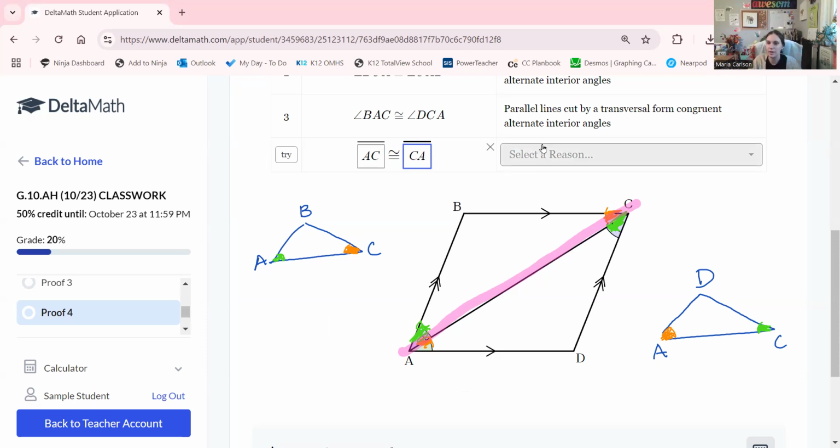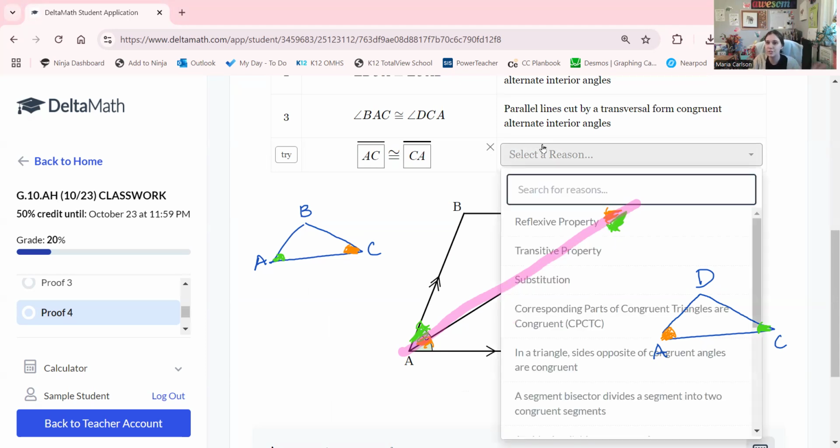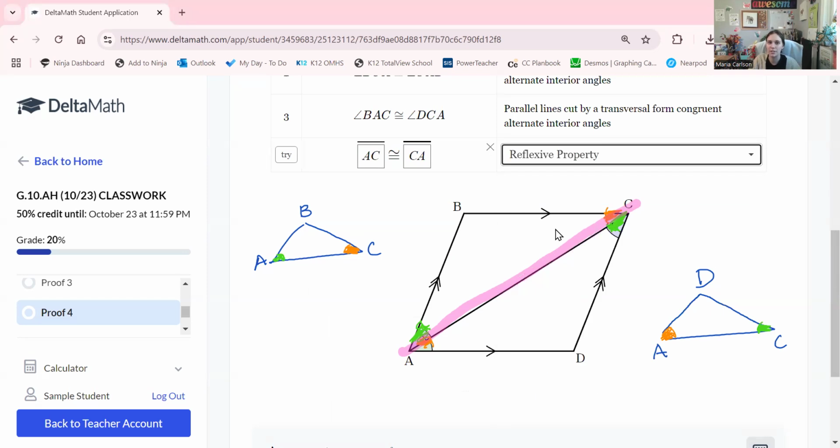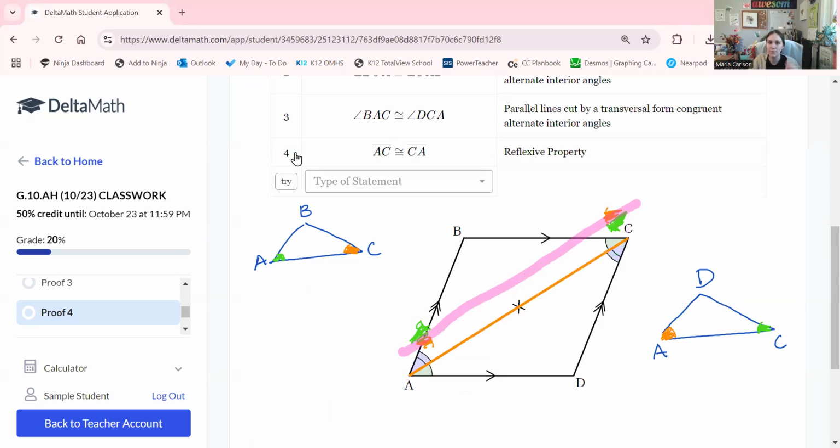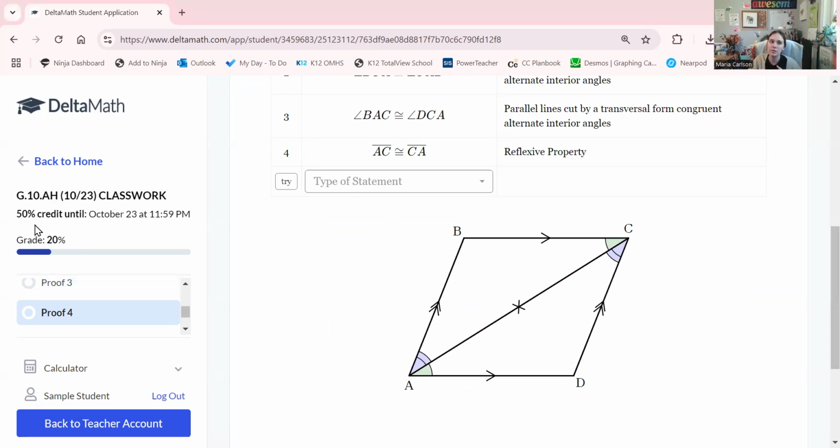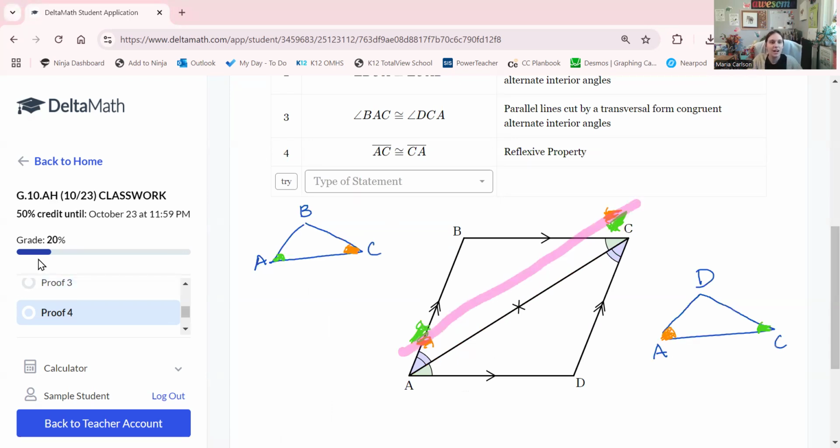Either way should work though. And the reasoning here: if something is congruent to itself, that's the reflexive property. Maybe that wasn't the best call; just getting rid of this would be better. So now we know these sides are congruent as well. Super important: AC is congruent to AC.